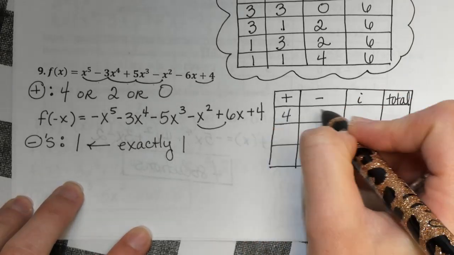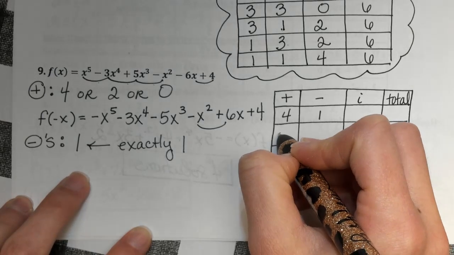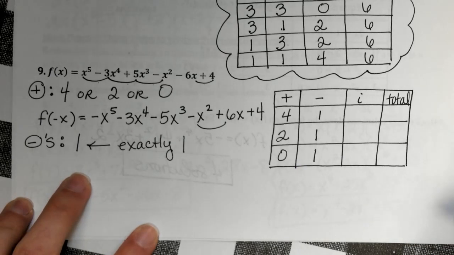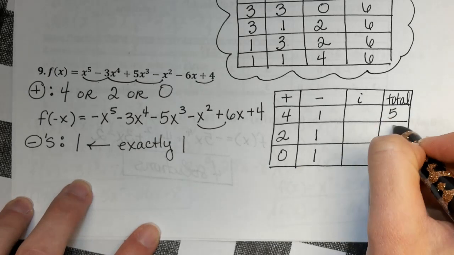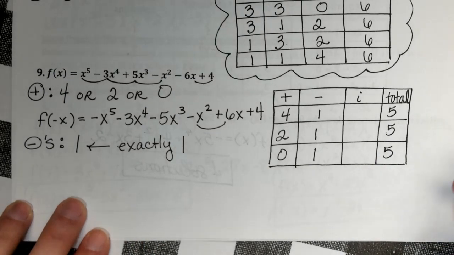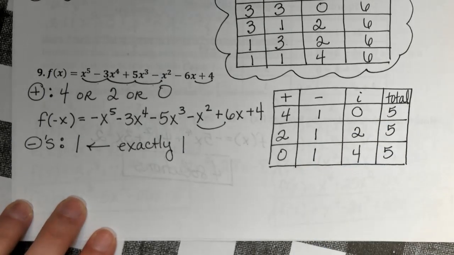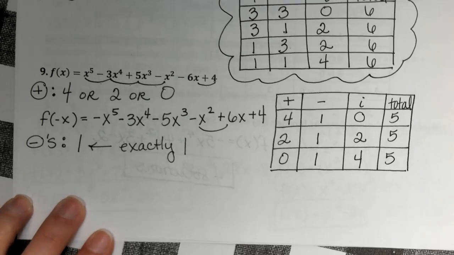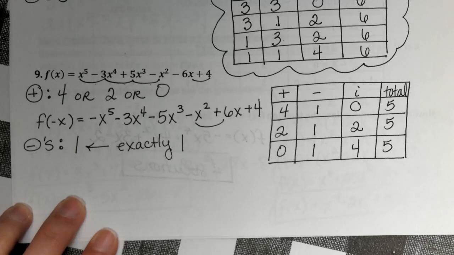I either have 4 positive and 1 negative, 2 positive and 1 negative, or no positive and 1 negative. But no matter what, how many total do I need? So if I have 4 positive, how many imaginary do I need? If I have 2 positive, 1 negative, I need, and then so that's my possible combinations. Okay?